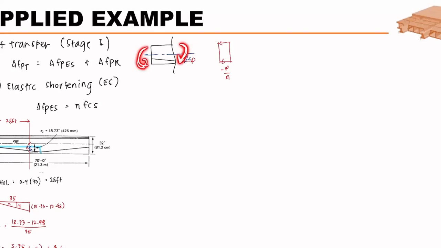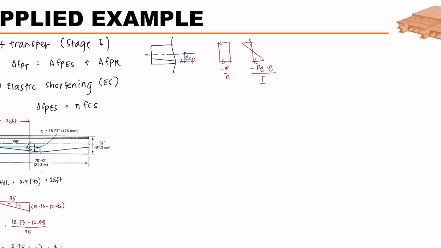Ibig sabihin yung stress natin is compression yung ilalim, tension yung taas. So negative PE, ito yung moment natin due dun sa eccentricity times yung eccentricity over inertia.